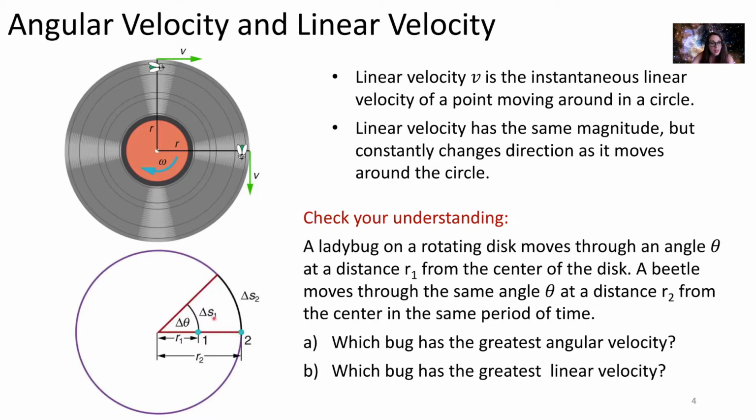So the ladybug moved from here to here, the beetle moved from here to here. They're moving through the same angle of the circle, but the beetle had to move through a larger arc length as compared to the ladybug, which was moving through a shorter arc length.